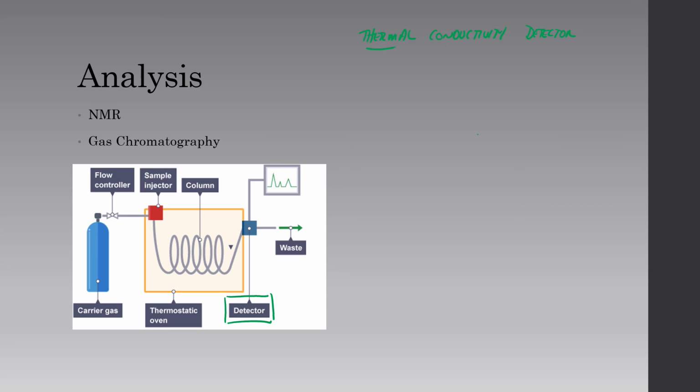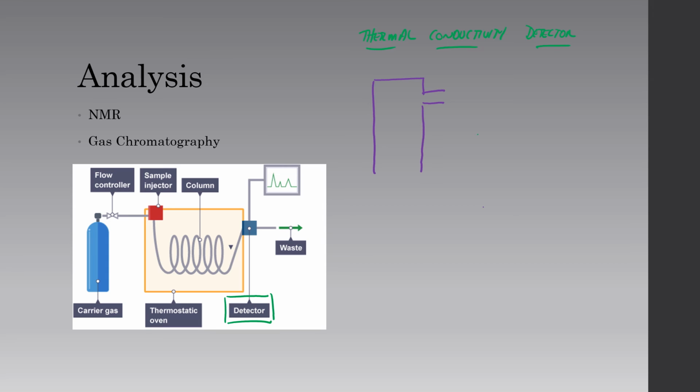So a thermal conductivity detector, the name kind of says what this is going to be. We maintain our detector at a specific temperature, and the environment in that detector has a certain conductivity associated with it. Any change in that conductivity is going to get translated into a digital signal that we can read into a computer. So if we have a quick schematic here, right?